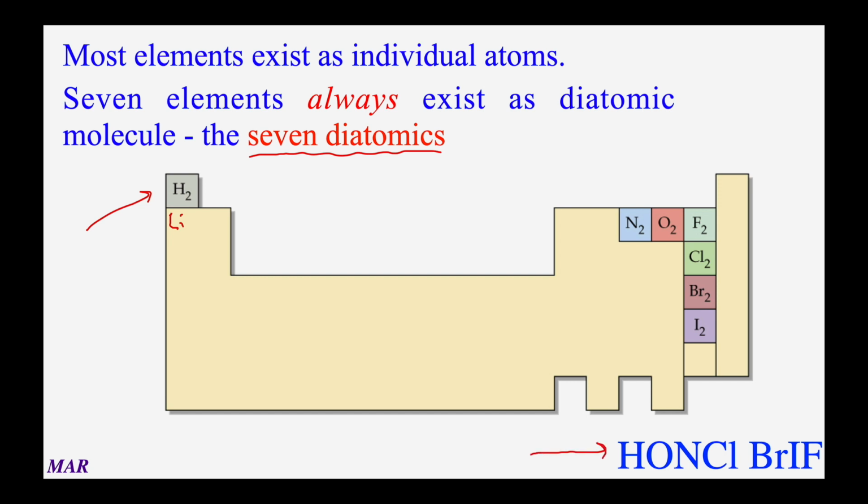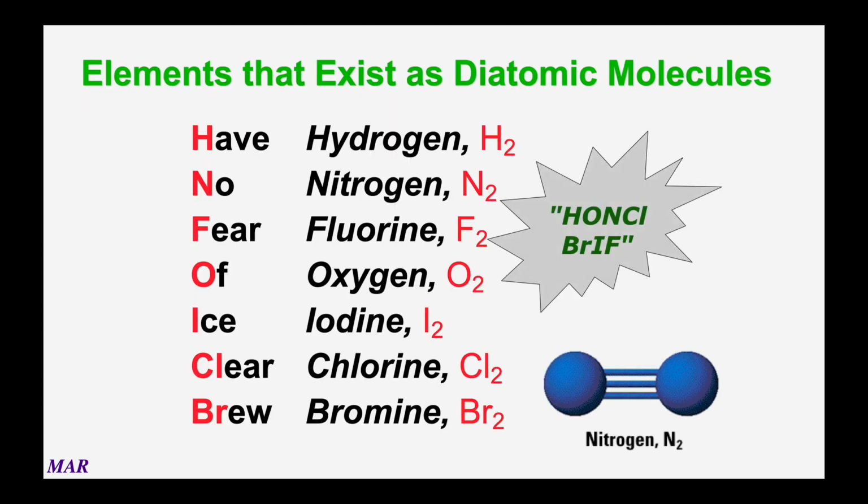One of the ways that sometimes people learn the 7 diatomics is through what's called HONClBrIF. And if that works for you, H is H2, O is O2, N is N2, Cl2, Br2, I2, F2. Those are the 7 diatomics, and that's a cool way to learn it. My personal favorite, though, is Have No Fear of Ice Clear Brew.